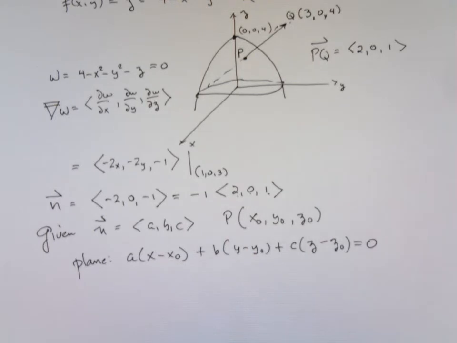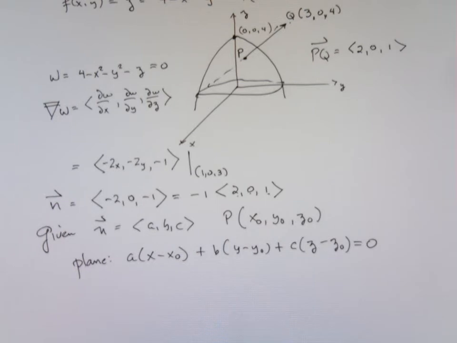If we have a normal vector and a point, say it's a point right here, what would the characteristics be of another point on this plane? What would the characteristics be of any point on this plane? You take any point at all, give it coordinates x, y, z. What must be true about that point to be on this plane?